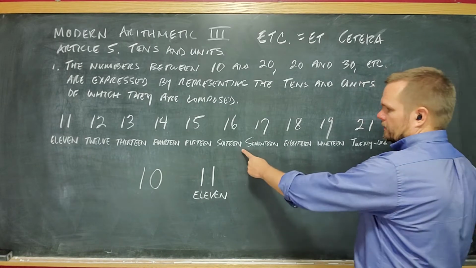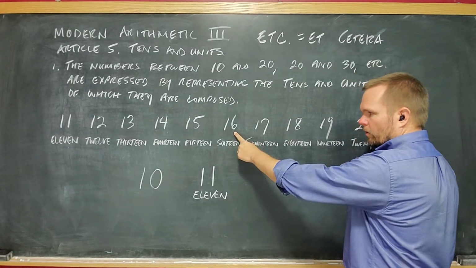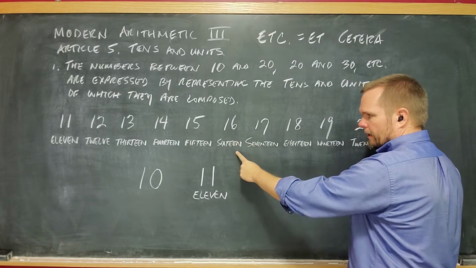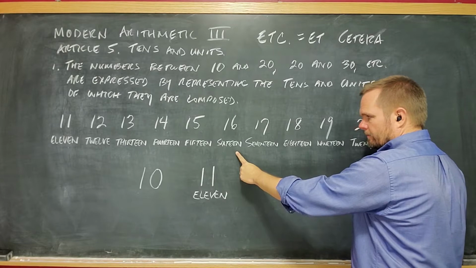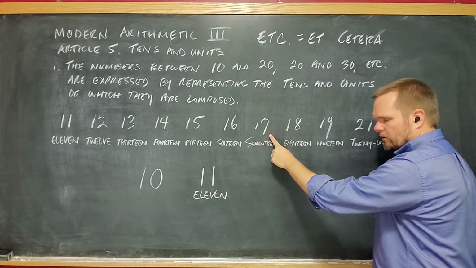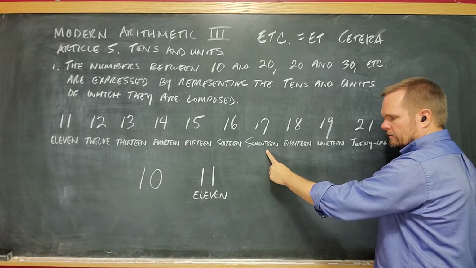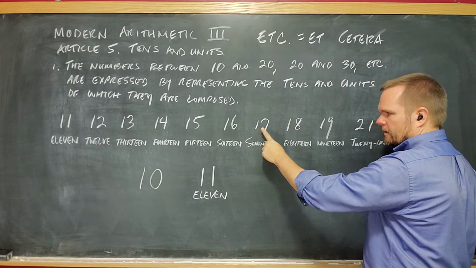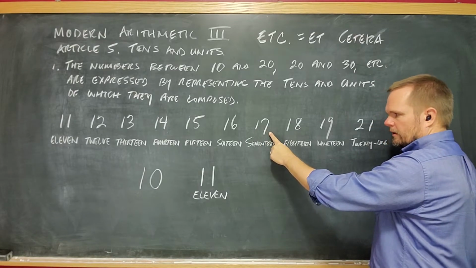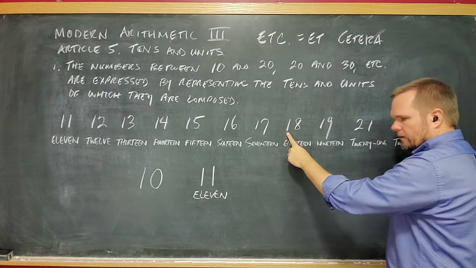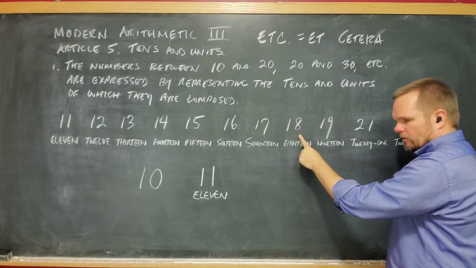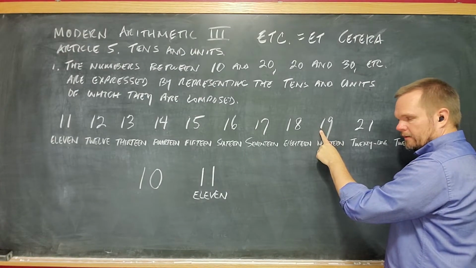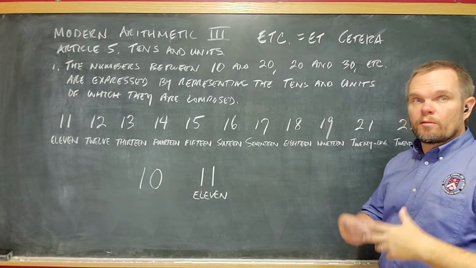The number 16 has 1 unit more. 1 ten and 6 units makes 16. 1 ten and 7 units makes 17. 17 is written with 1 ten and 7 units. 18 is written with 1 ten and 8 units. 19 is written with 1 ten and the units place is full.